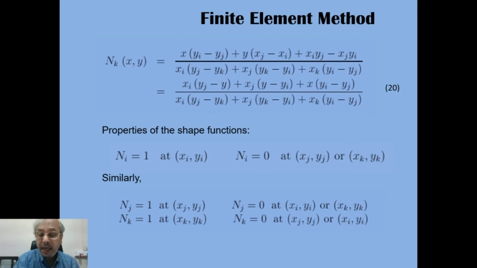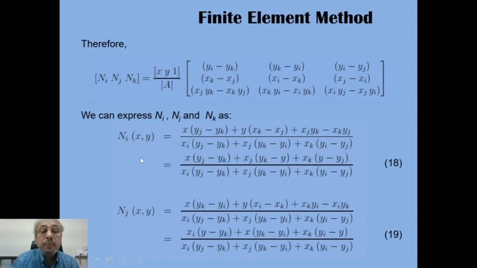So Ni, at point i, if we substitute x by xi, y by yi, will be exactly 1, but at points j and k it will be 0.